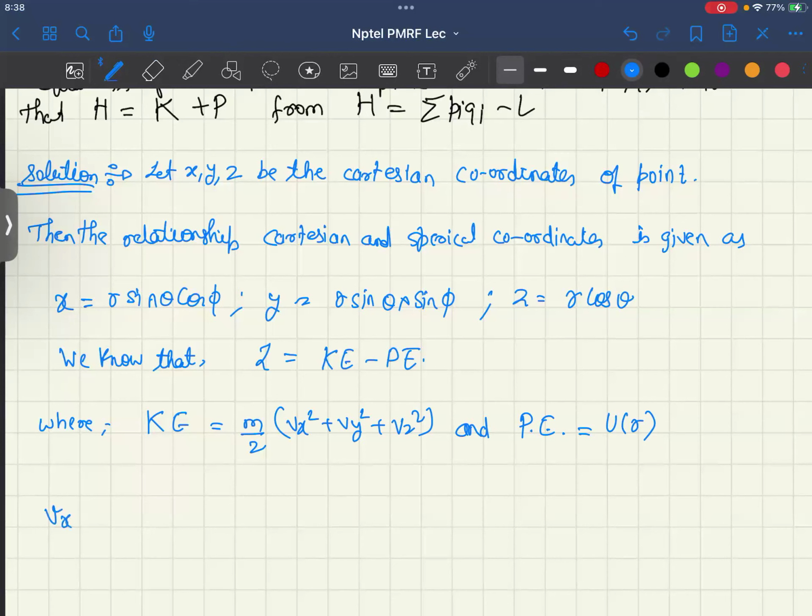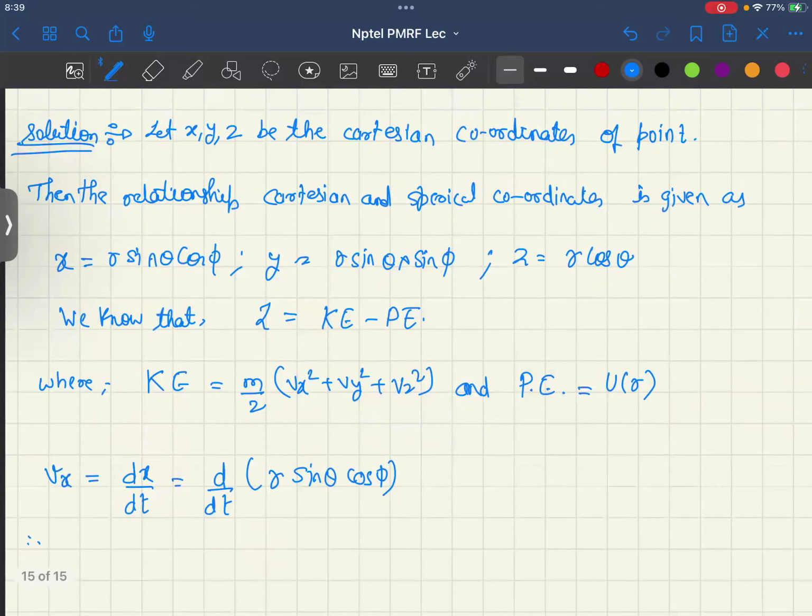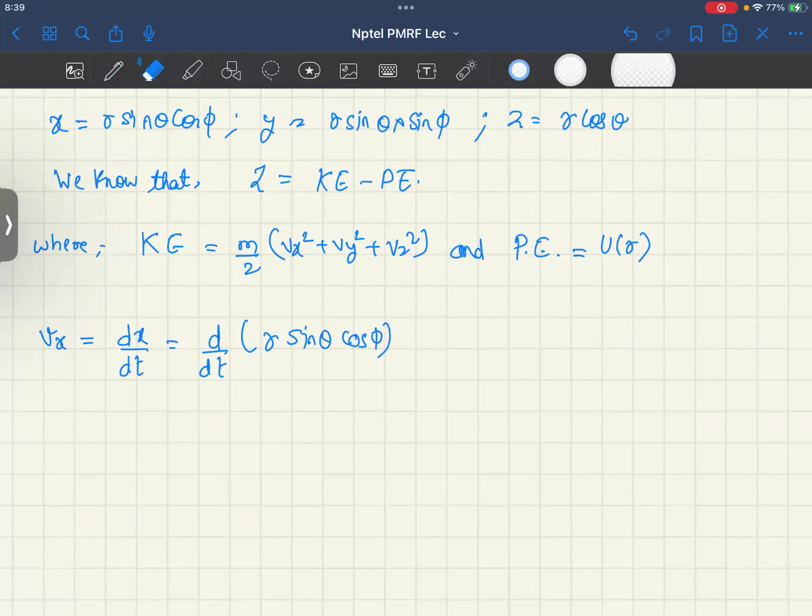Now Vx is equal to dx by dt, which is d by dt of r sin theta cos phi.